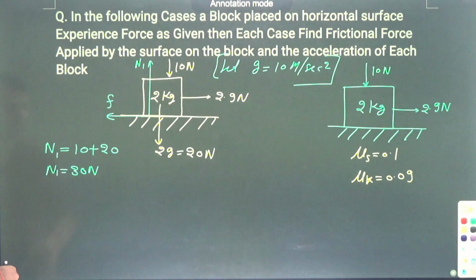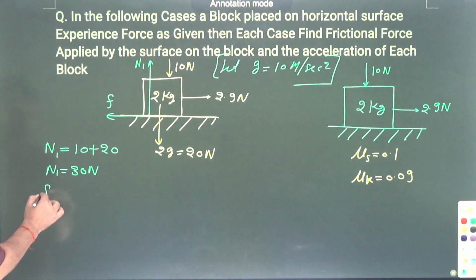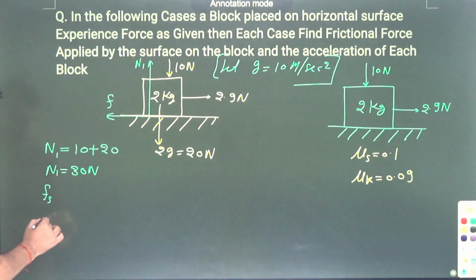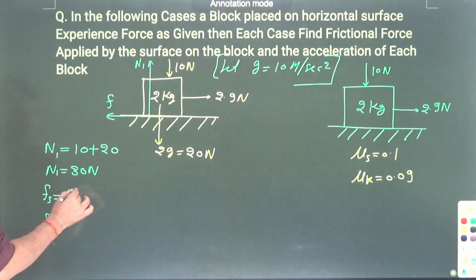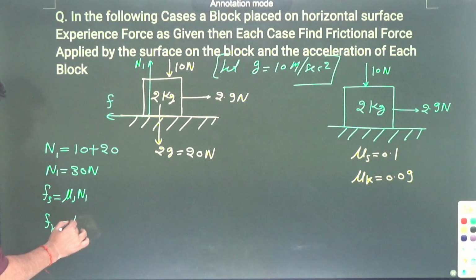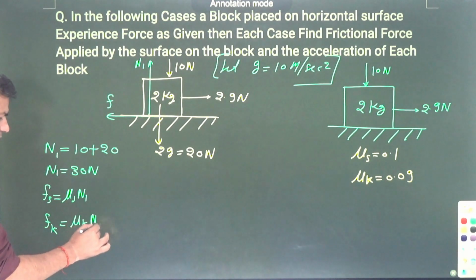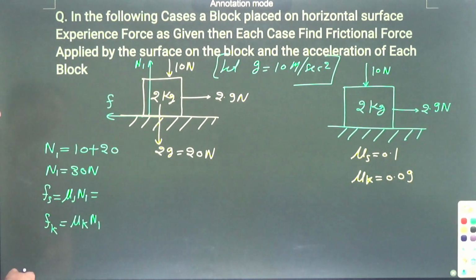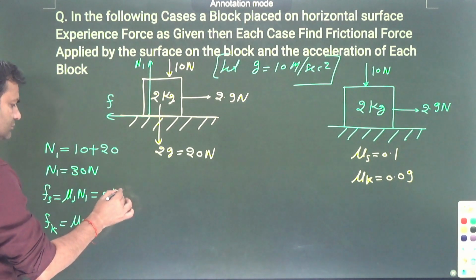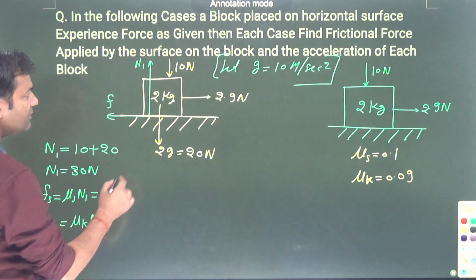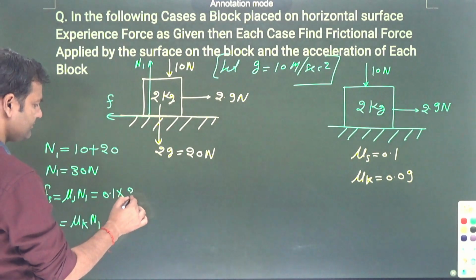Clear or not? Now next target is static friction and kinetic friction. That is mu s into N1, here mu k into N1. Mu s is how much? 0.1. N1 is 30 Newton.